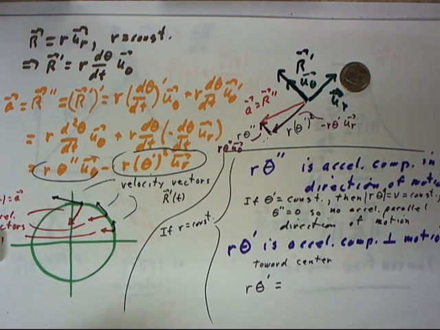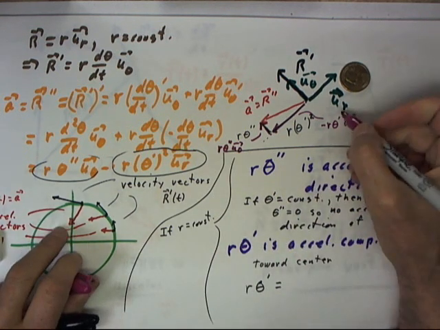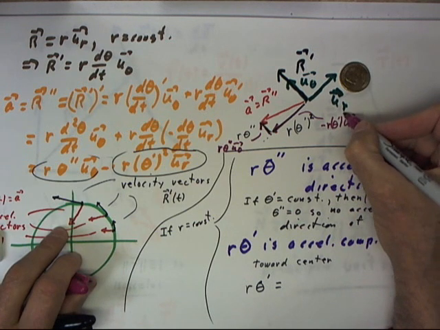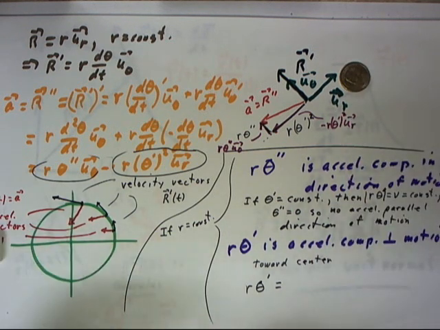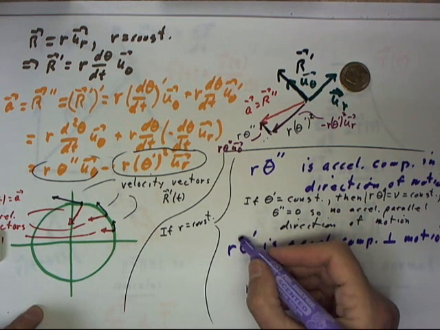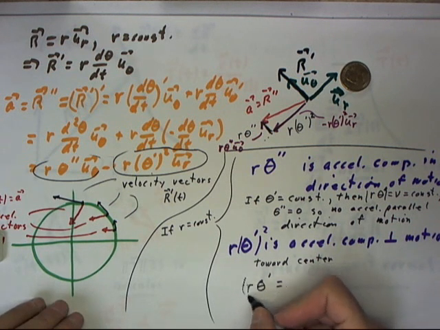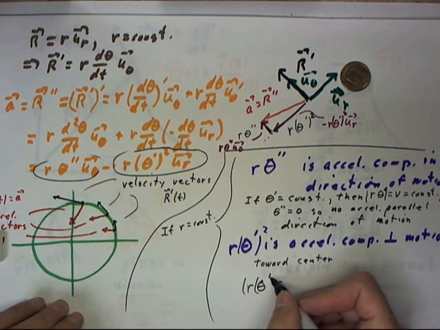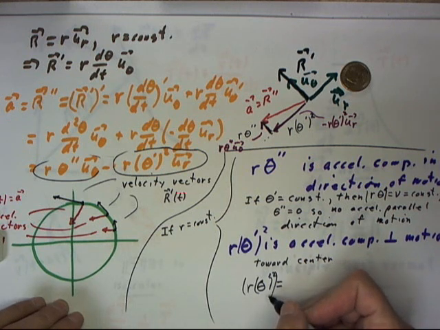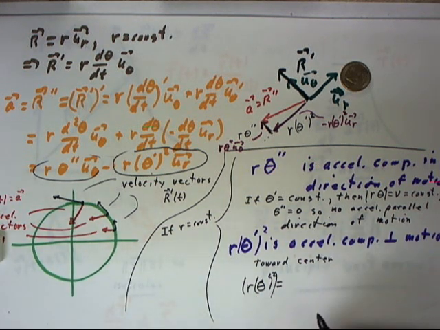It's a good thing because I was going to get stuck right here if it was just theta prime. Okay, so that's r theta prime squared. This is r times theta prime squared, and this is r times theta prime squared. Have an extraneous set of parentheses here.